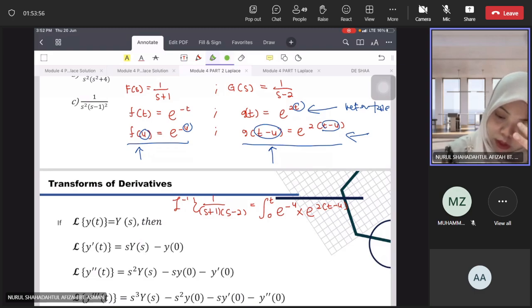Just integrate and substitute the values t and 0 here. Then you get the final answer, 1 over 3.